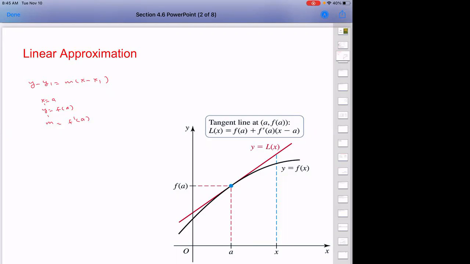So what is the equation of the tangent line then? y minus f of a equals f prime a times x minus a, where a is given, this point here.